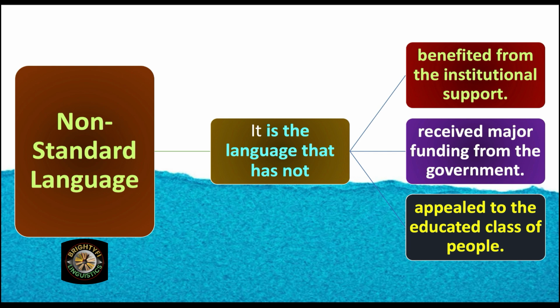The people who use a standard language normally come from the higher class of society, the educated class of society, those who have been to Oxford University, Cambridge University, and the big universities where the language is systematized and that language is known as the standard form of language. But the non-standard form of language normally has no such appeal.